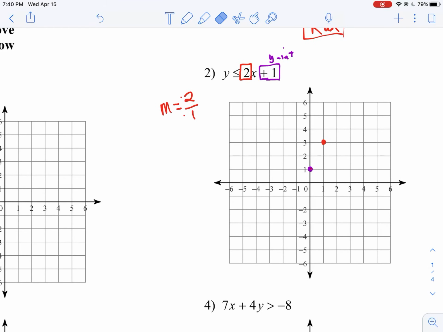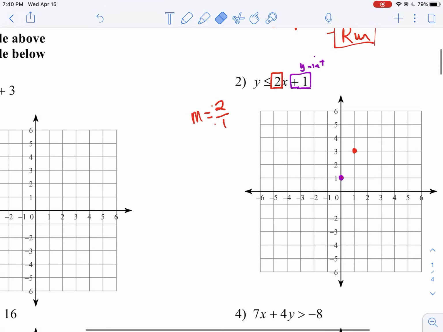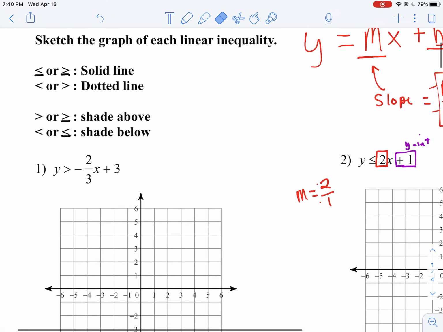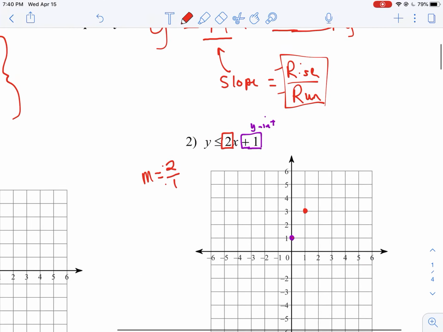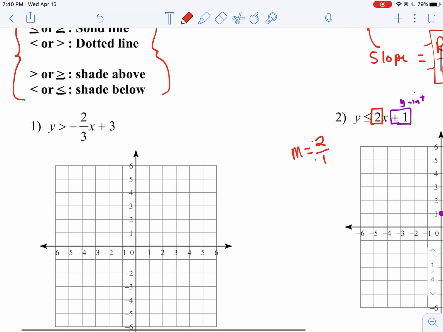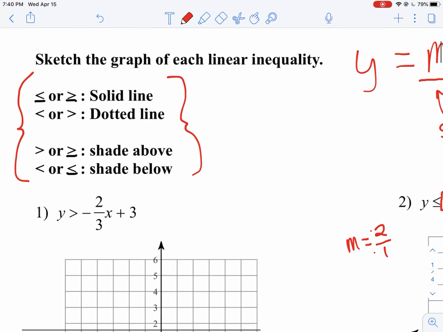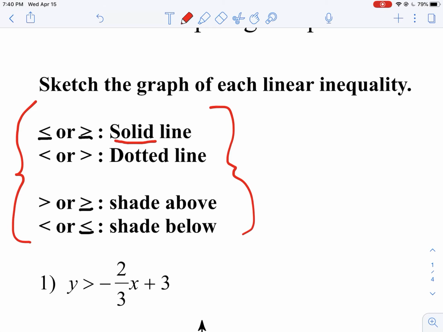From here now, this is where things get a little interesting. I wonder, I think I can make dotted lines after I draw them, but we'll get there when we get there. All right, so that's where this little guide here is going to help us with our lines. With inequalities, we have 2 types of line. We have a solid line, which is what we classically used, and we have a dotted line.